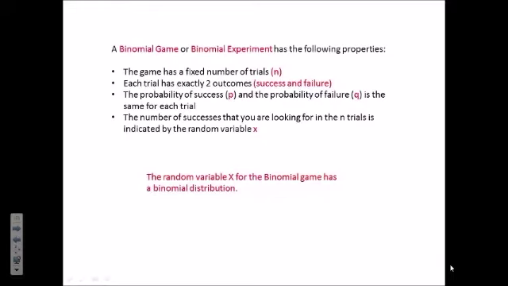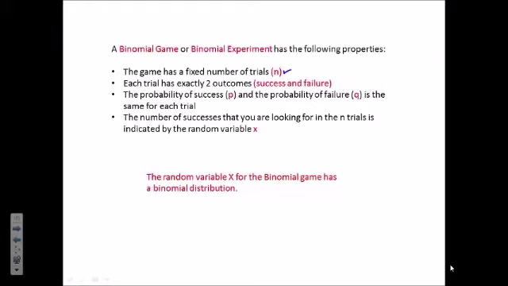A binomial game, or a binomial experiment, has the following properties. The game is going to be repeated a certain number of times. These are called trials. And the symbol we're going to use for the number of times the game is going to be repeated is n.